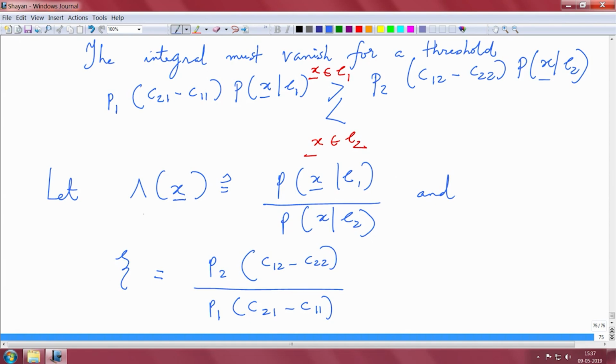So, we have this statistic which is the likelihood ratio, and then we compare against the threshold that we have. So, this is the threshold. We choose against this threshold and decide on these two classes. Now, if this lambda is greater than zeta, then it belongs to class 1 and otherwise class 2, because this is how we set this decision rule.